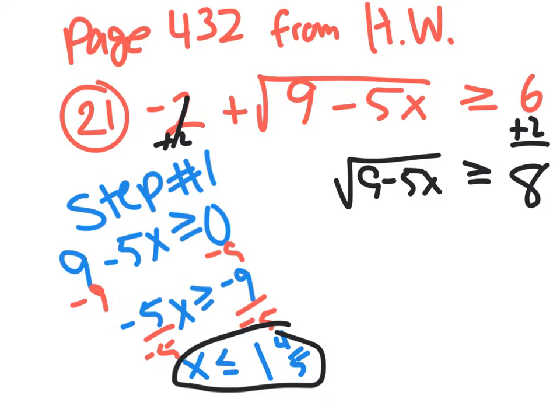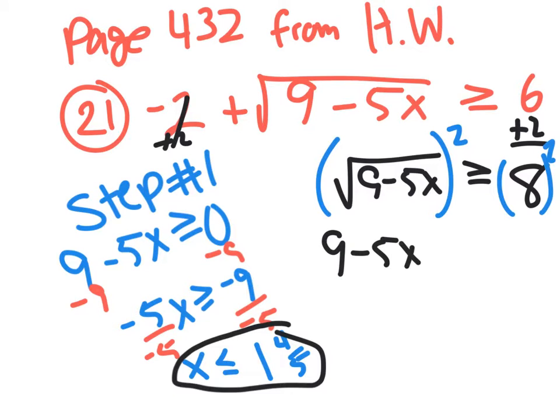And what do I do next to get rid of that square root? You square it to the second power, which you do to one side, you do to the other side. So on the right side, you're not going to have 16, you're going to have 64. So your new inequality will be 9 minus 5x is greater than or equal to 64.